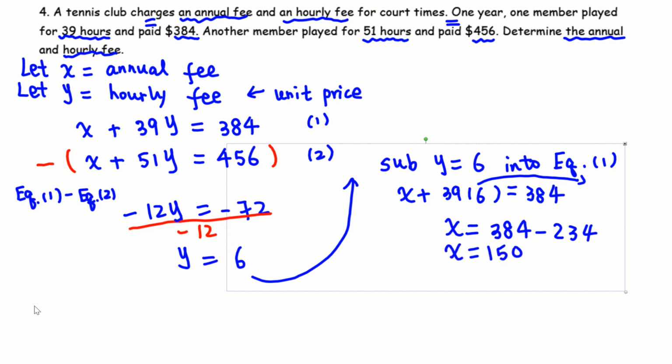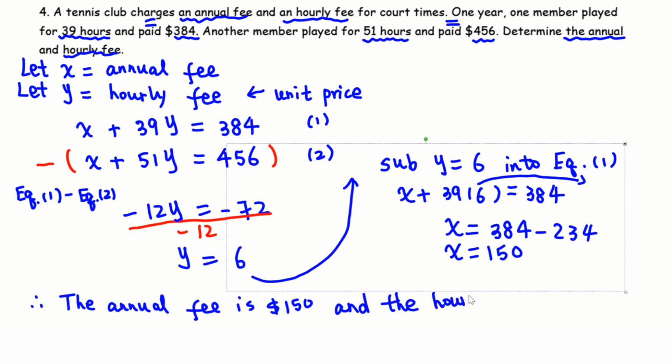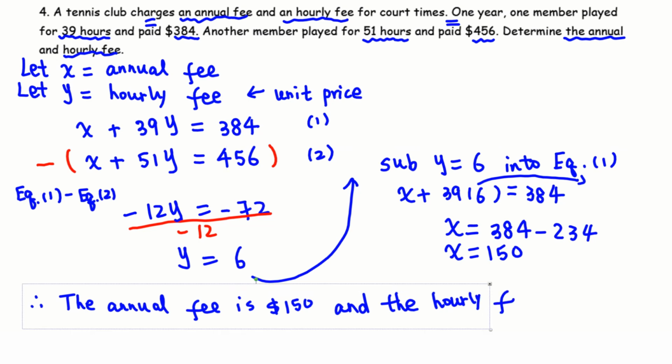So we write a statement. X we know is the annual fee. So the annual fee is $150, and the hourly pay is $6.